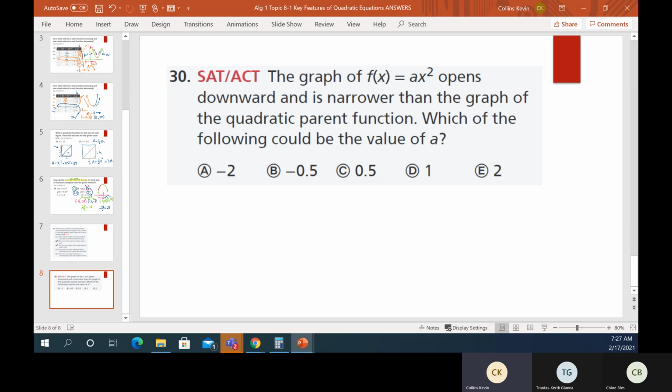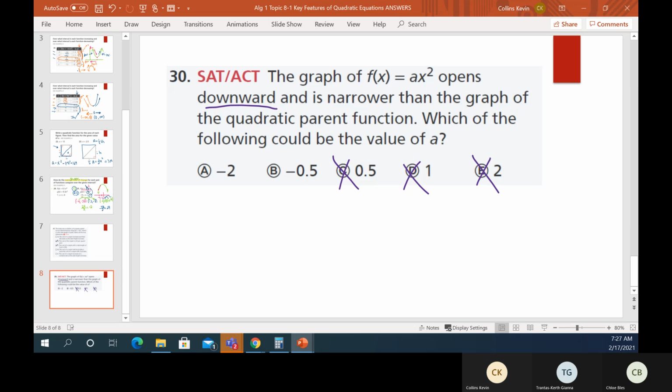Should it be positive or negative? Yeah, minus. So the good news there is that since it says it opens downward, we know that it has to be a negative value, so that makes these three guys wrong.